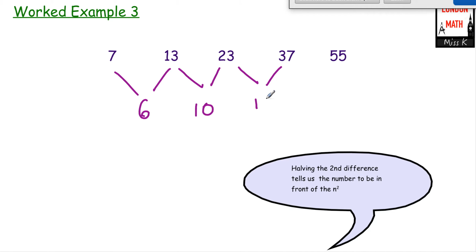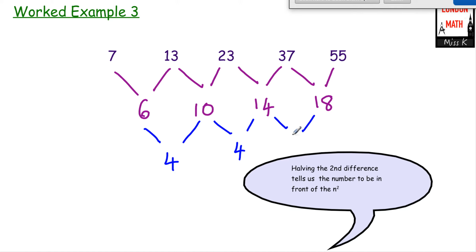They might ask you to firstly check that the sequence is quadratic, and how you would do this is just explain that you have a first difference which is going up in unequal amounts, and therefore there's a second difference, and that second difference is going up in equal amounts.